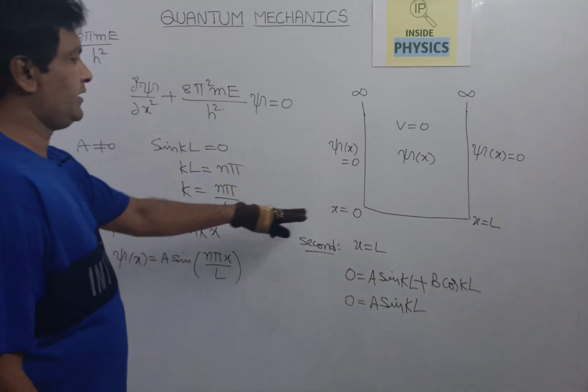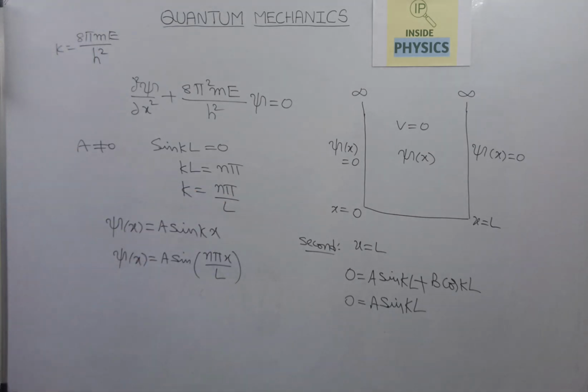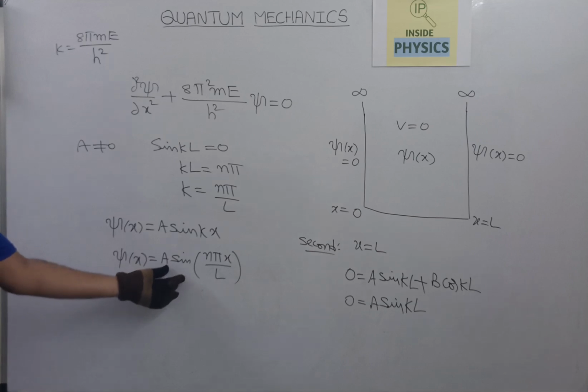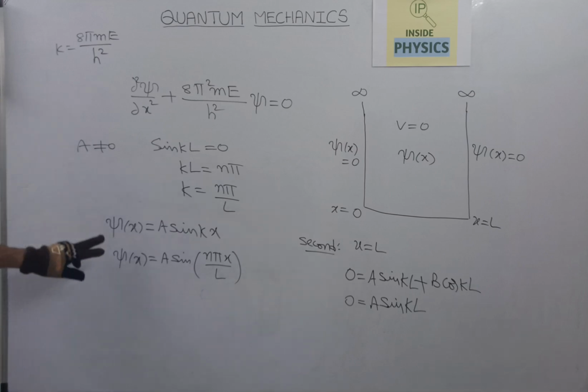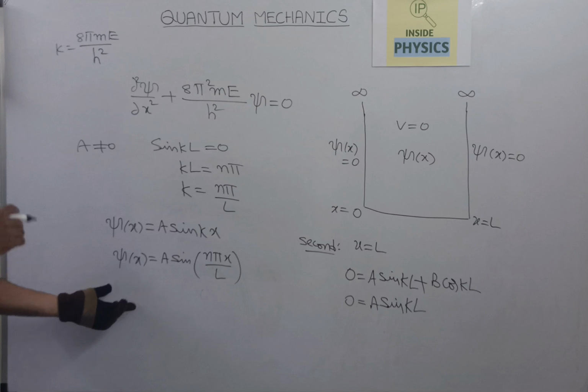L is the boundary. Okay, so here how to get the value of a? The value of a becomes root 2 by L when we normalize this wave equation. That we will see in the next video.